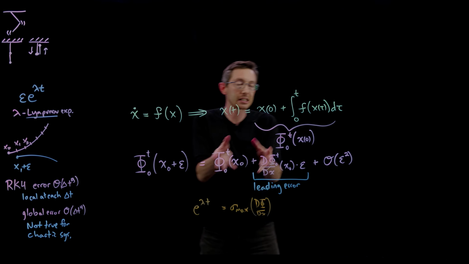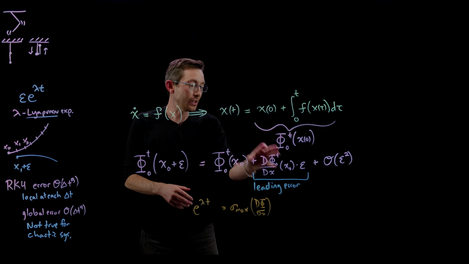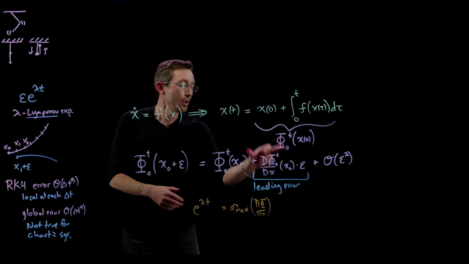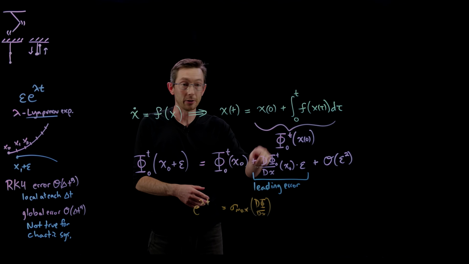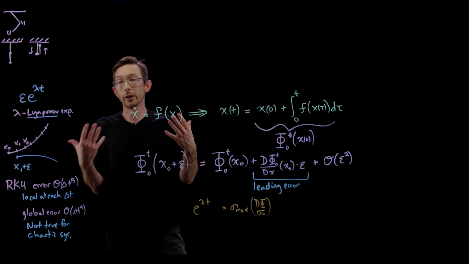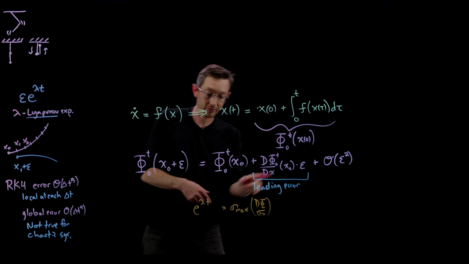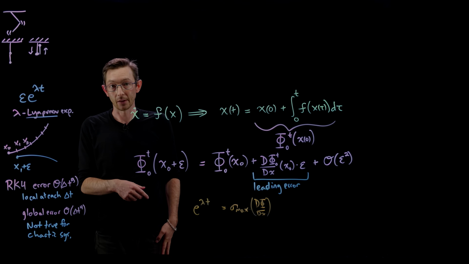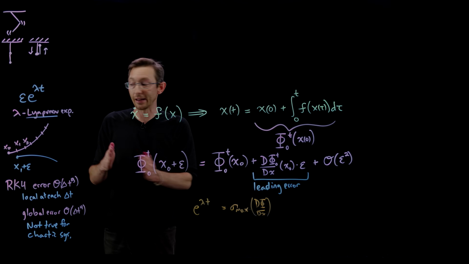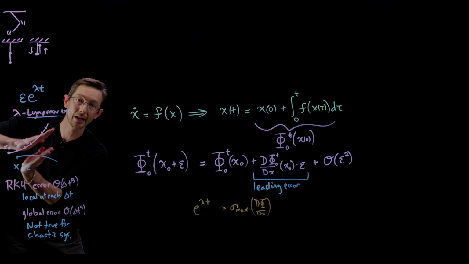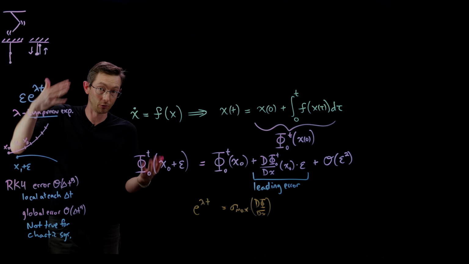I can Taylor expand that out, and I get these interesting terms from my Taylor series where I can isolate that this is the leading error term. And the point I'm trying to make is that for chaotic systems, this leading error term amplifies like e to the lambda t, okay? Which is a big deal. That's really bad. That means that even my 10 to the minus 16 error is going to amplify and stretch and grow.